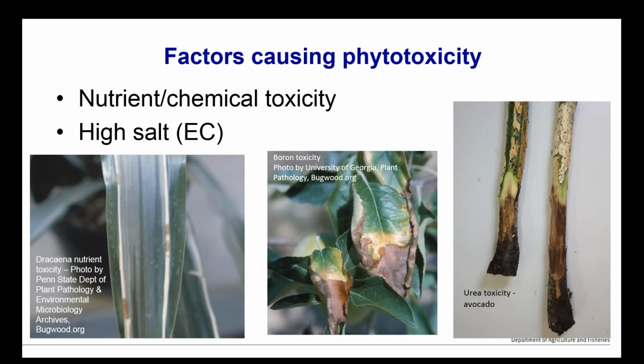So really, I'm not going to go into a lot of detail with nutrients, but it's just to highlight that nutrient toxicities do occur. And here on the right, we have avocados where chicken manure was actually applied and it just burnt it and ringbarked the plants. They're pretty dead.